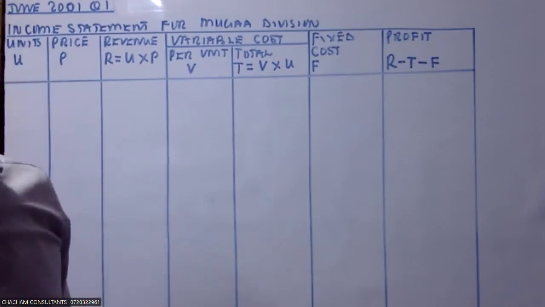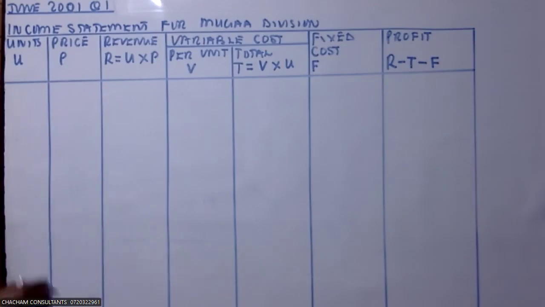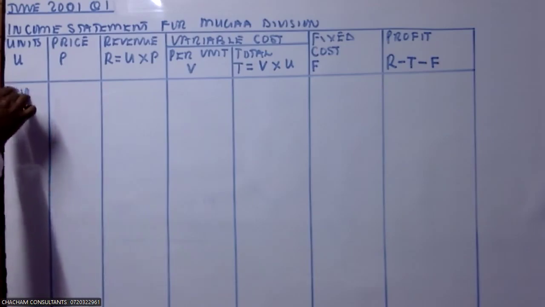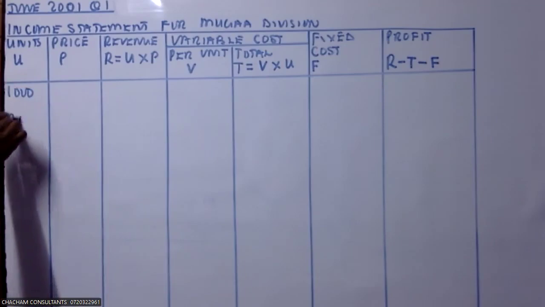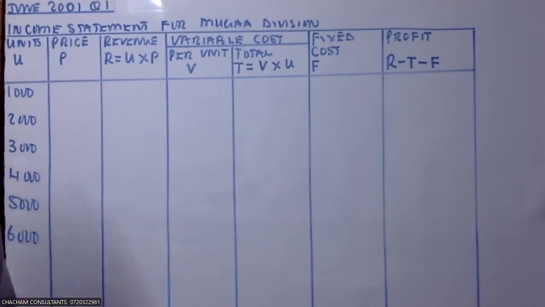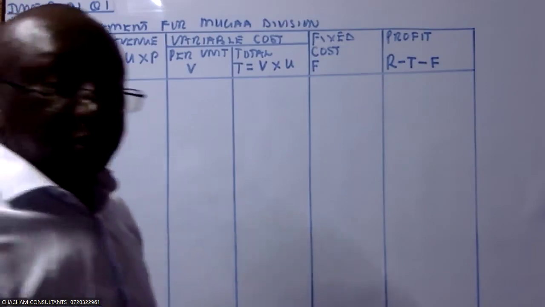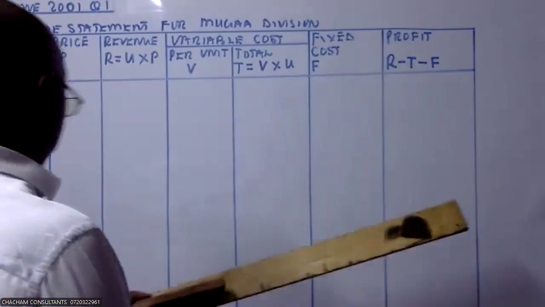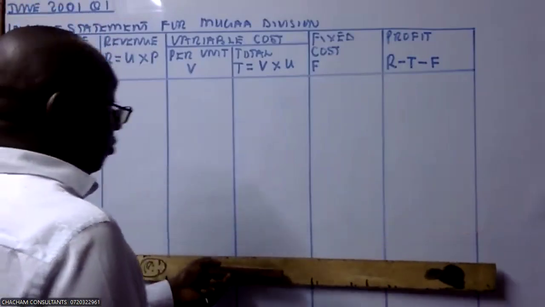Then for the units, we have 1,000, we have 2,000, we have 3,000, 4,000, 5,000, and 6,000. Then we shall have the total, although total we only require for the profits.